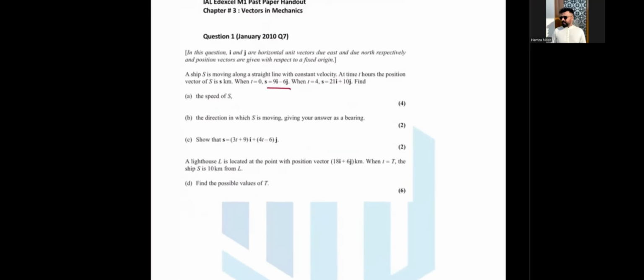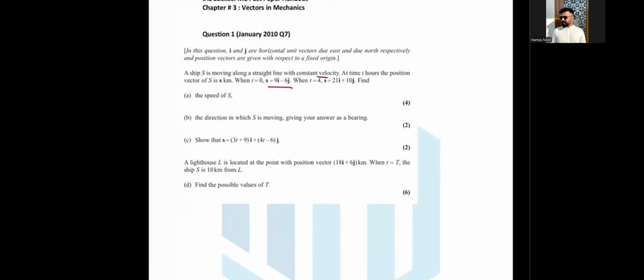As we know, the r naught vector was given to us in the question and the constant velocity vector which we have already found. Since in this particular question the velocity is constant, we can say that r is equal to r naught plus vt. Otherwise, the concept is that r is equal to r naught plus s, where s is the displacement vector.